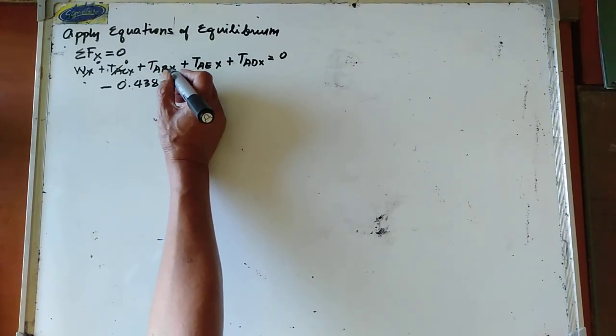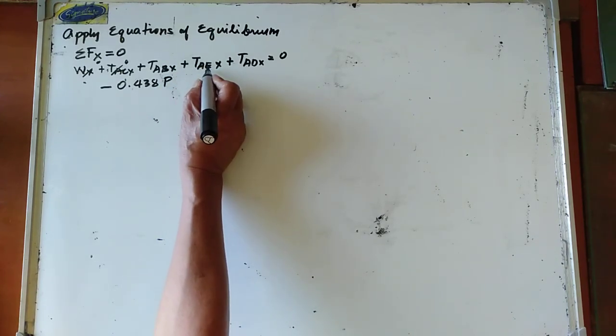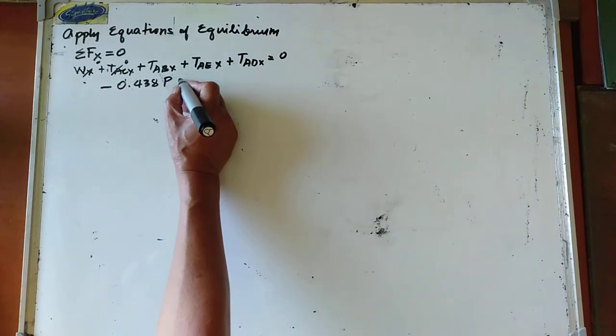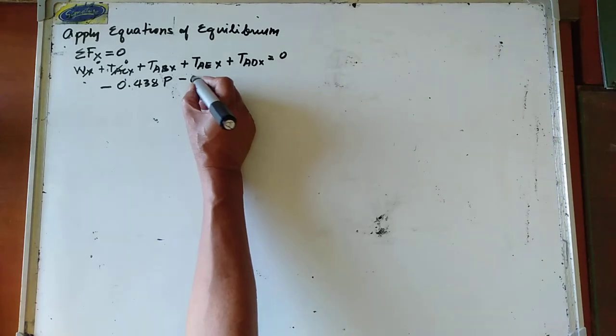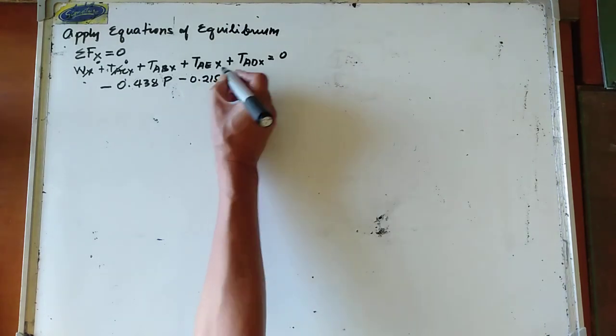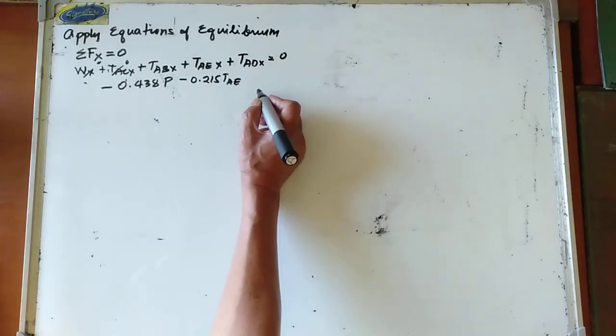0.438P. TAEX is negative 0.215 TAE, and then plus TADX.